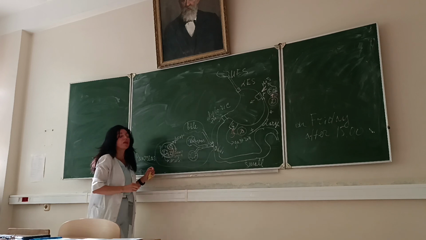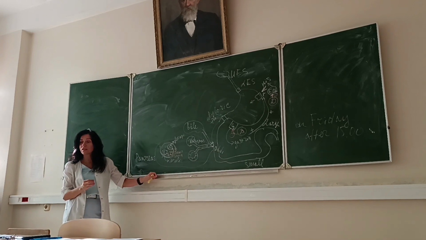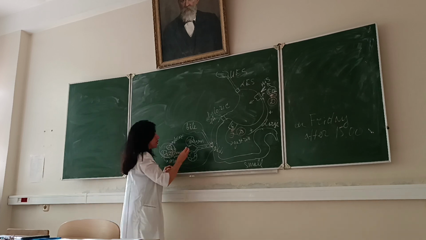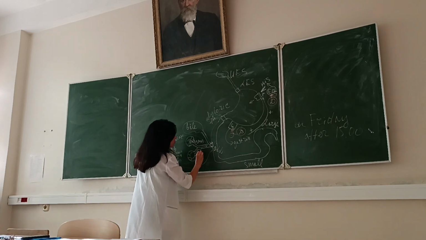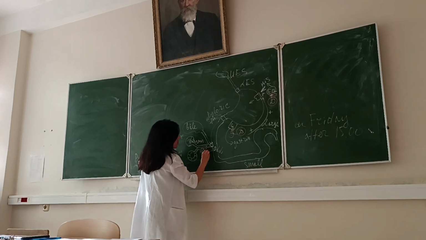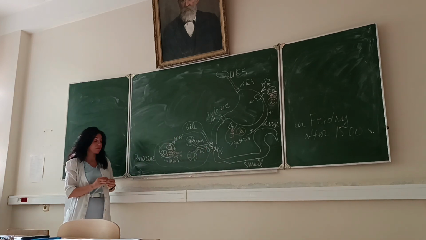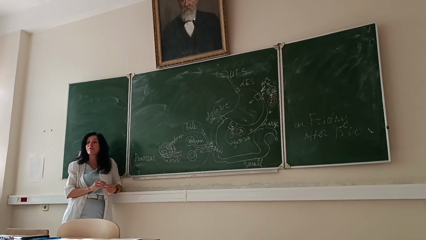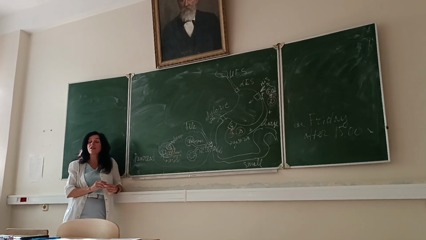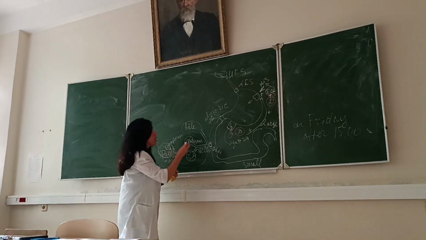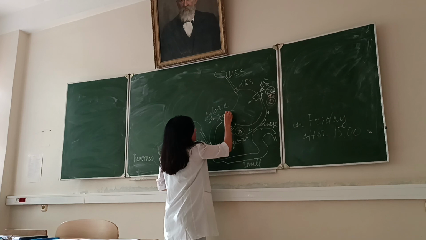What is the function of duct cell? Bicarbonates. A lot of bicarbonates. For what? For neutralizing media in the duodenum, to neutralize hydrochloric acid from the stomach and make alkaline pH.